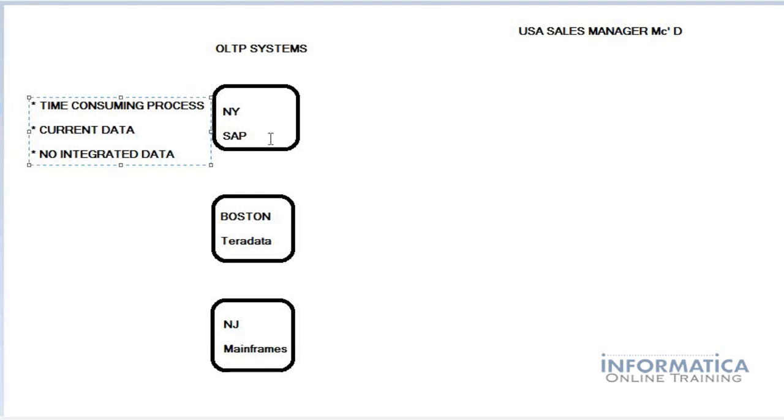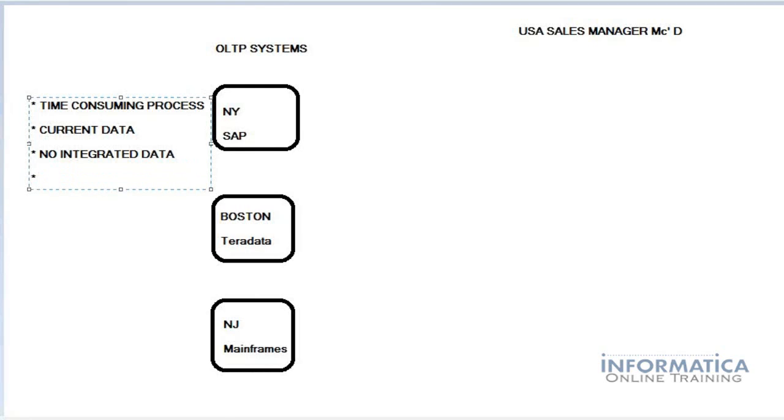But if you check the OLTP system, the data is present in different forms and different locations. You have New York's data present here, Boston data here, and New Jersey data here. So the data is not integrated. It is scattered across multiple locations, which makes it difficult to analyze how the business is running across a single country.